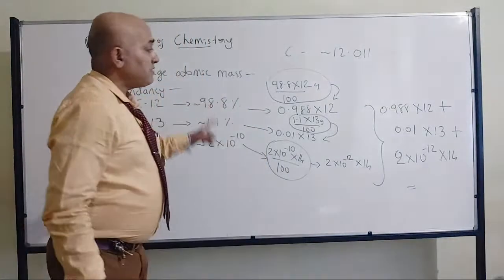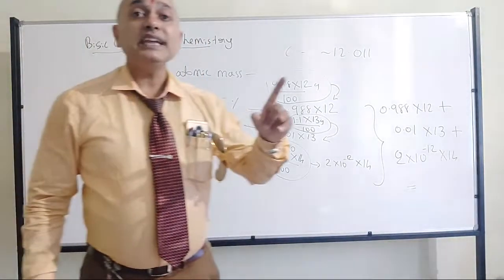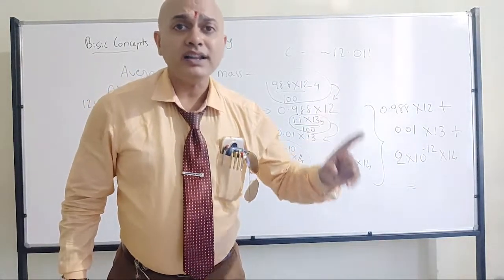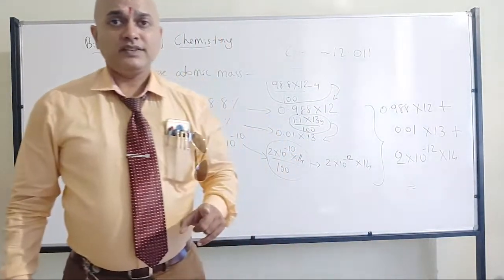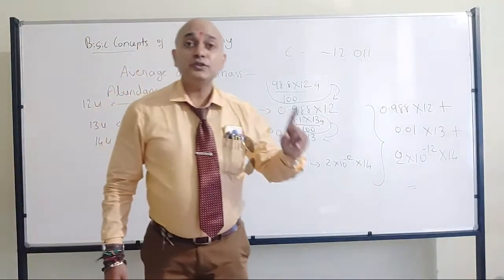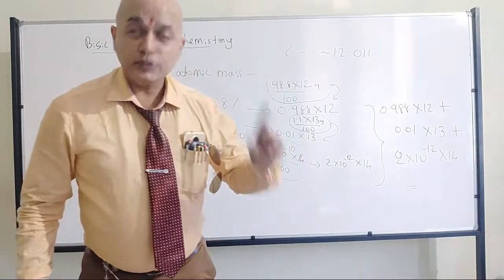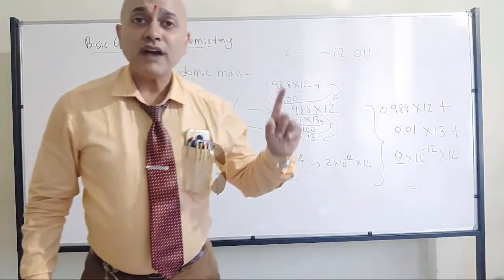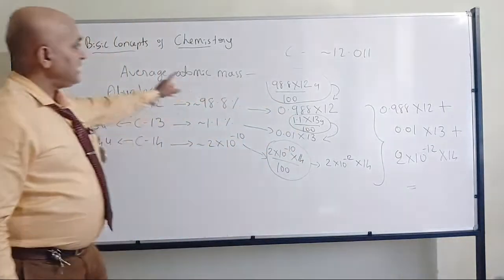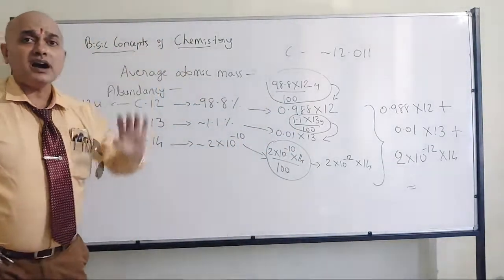So what do you mean by average atomic mass? It is the average mass of the isotopes and their occurrence in the nature. Okay? So average atomic mass is nothing but the total of mass of isotopes and their occurrence in the nature. That will give the average atomic mass.